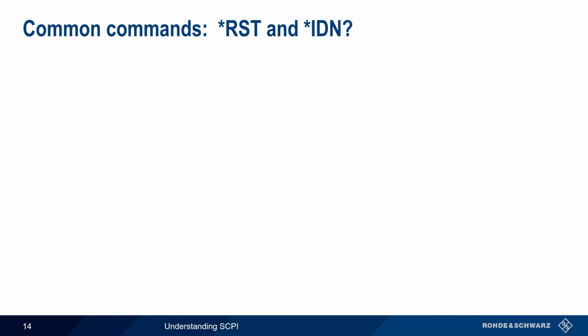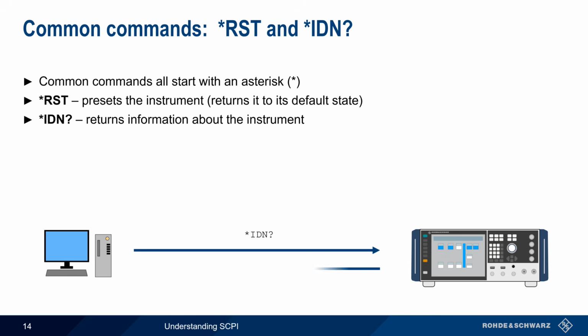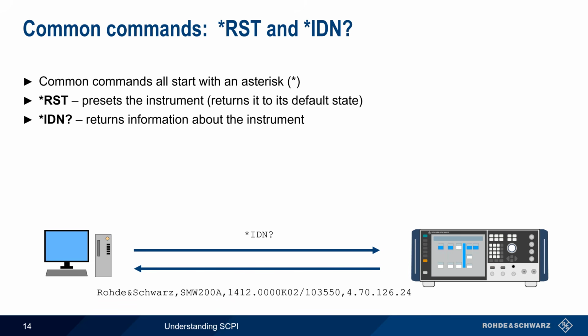Common commands are standardized in SCPI, and all of these commands start with an asterisk. One example of a common command is *RST, or reset, which is used to return the instrument to its default state. It's often a good idea to do this at the start of a program. Another example is the *IDN?, or identify query, which causes the instrument to return information about itself.